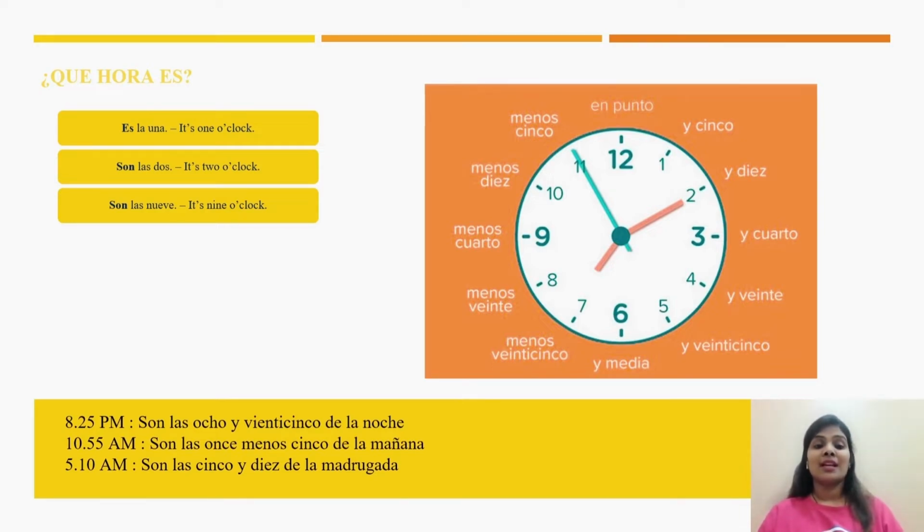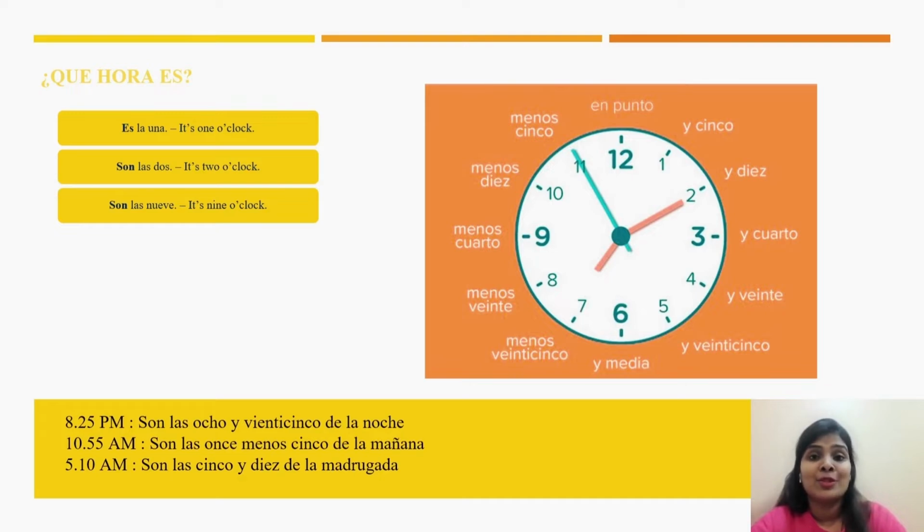Then we write 25, which is minutes. So son las ocho y veinticinco. So from this we can derive one thing, that the minutes from 1 to 30 will always be in the plus, which is and, which is demonstrated here as y.